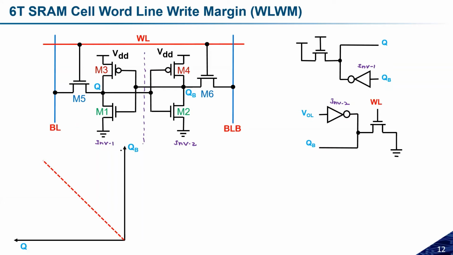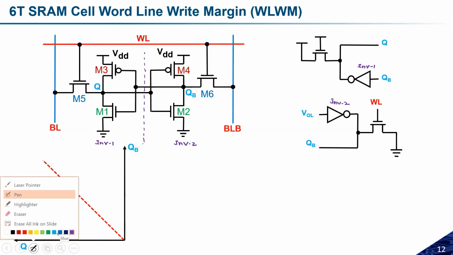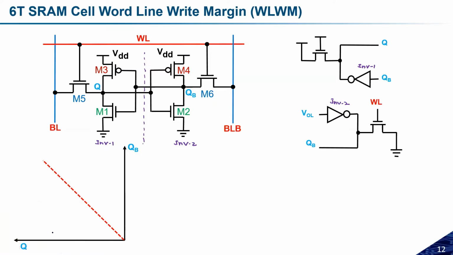Initially Q was at logic low. Here at this point Q is at logic low, so QB will be at logic high, and vice versa. So if we have a characteristic like that, the behavior will look like this.